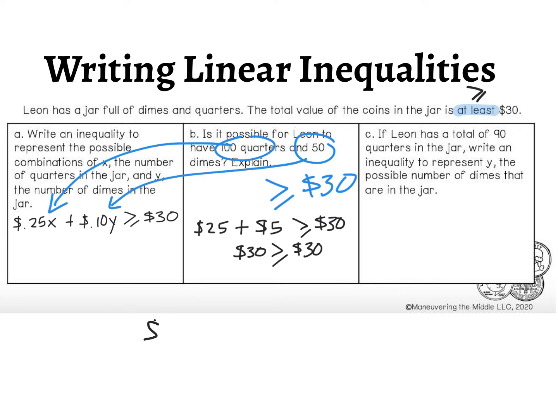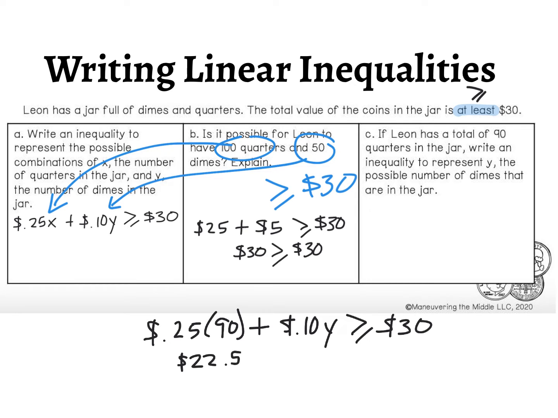I have 0.25 times the 90 quarters plus 0.10y has to be greater than or equal to $30. I want to solve for y to show how many possible dimes I can have in the jar. 0.25 times 90 is $22.50. So 22.50 plus 0.10y.